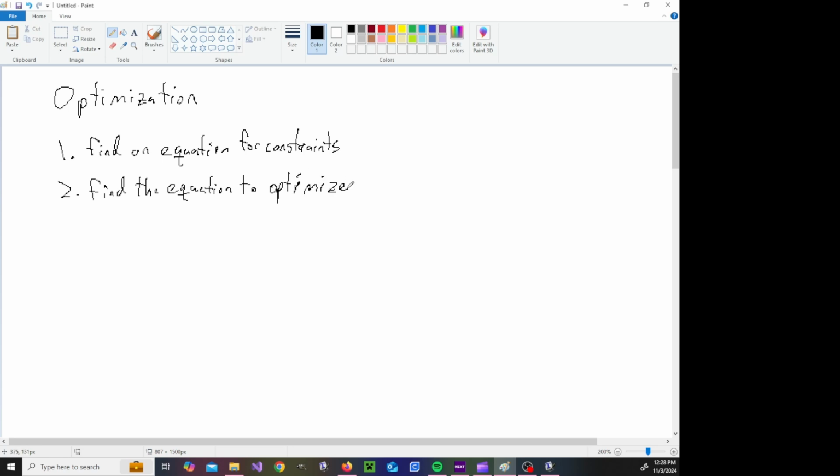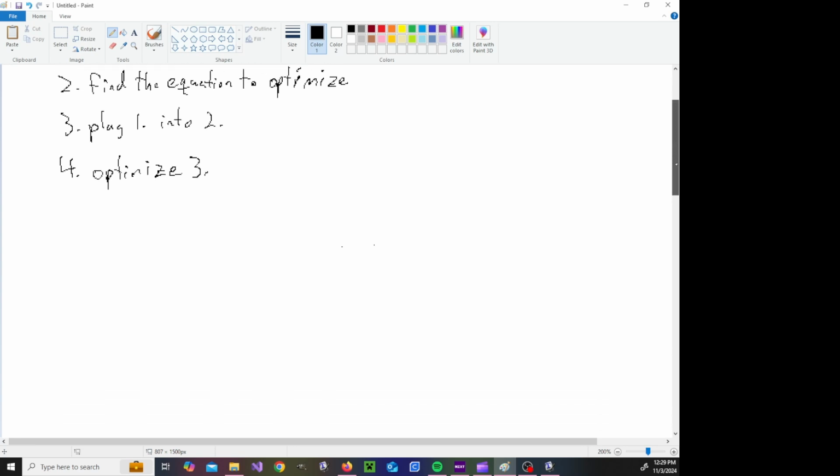Three, we're going to plug one into two, and then four, we're going to optimize step three. However, there is often a secret step zero, which is just to draw the situation to help us understand what is going on here.